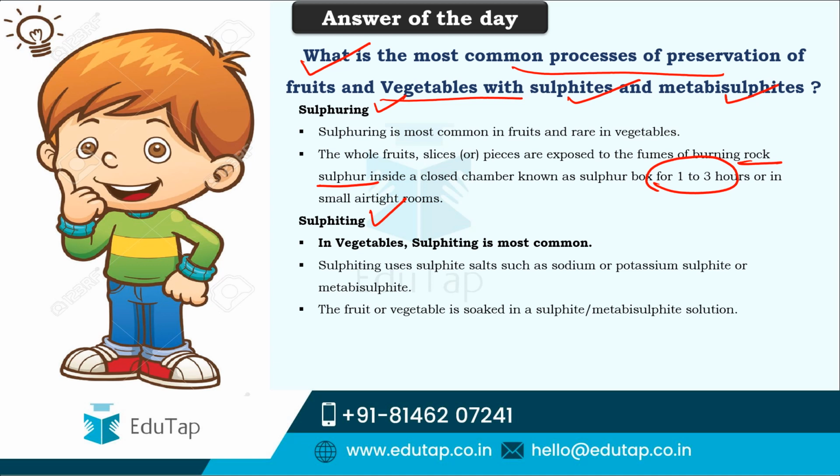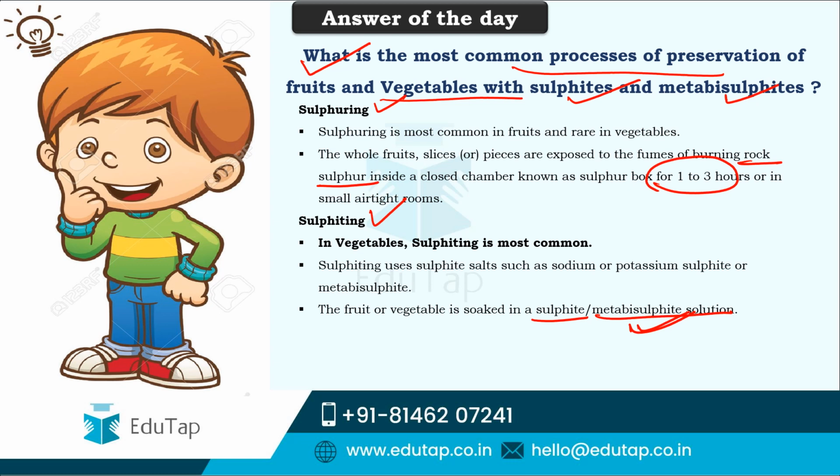Next is sulfiting. This is used when the fruits or the slices of fruits are to be soaked in a sulfite or metabisulfite solution, and this way they can be preserved, wherein discoloration can be avoided.